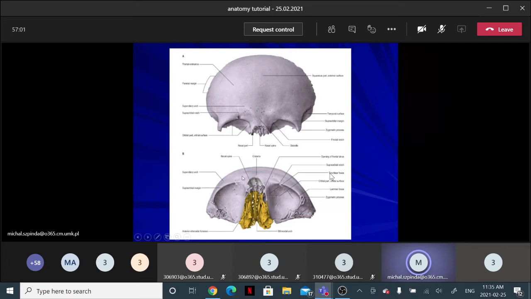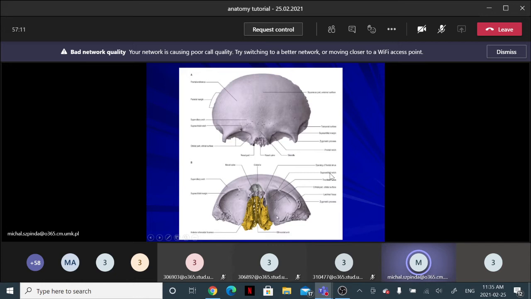Apart from this, we can see two orbital parts that contribute to the orbital roof. Two orbital parts are triangular in shape and concave.